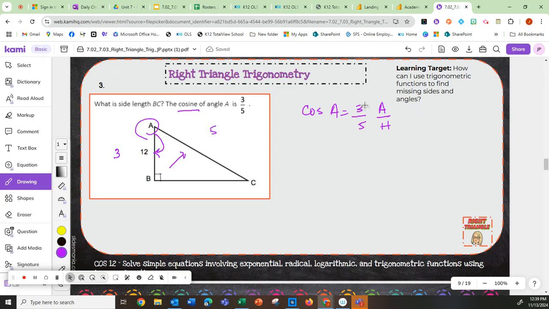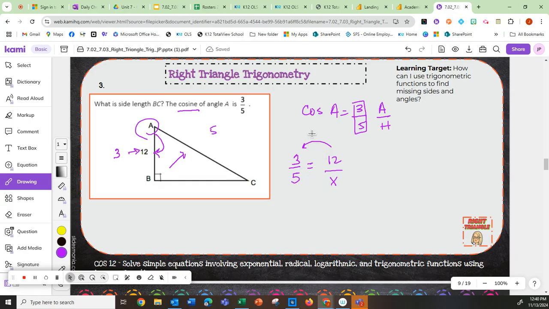So what's going on here is 3 over 5, since 3 is smaller than 12, then 3 over 5 is the reduced adjacent over hypotenuse. So we know that the adjacent was 12, but it got reduced to 3. So they're wanting to know what is the hypotenuse that gets reduced to 5.